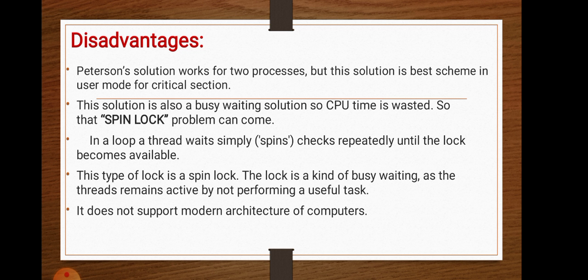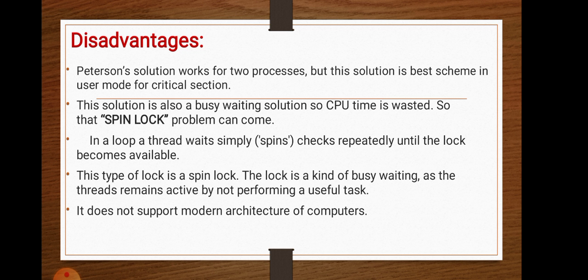Why is it a spin lock? Because in a loop, the waiting processes simply spin, just waiting for the CPU. If it is available, then it is going to enter its critical section. It checks repeatedly until the lock becomes available.